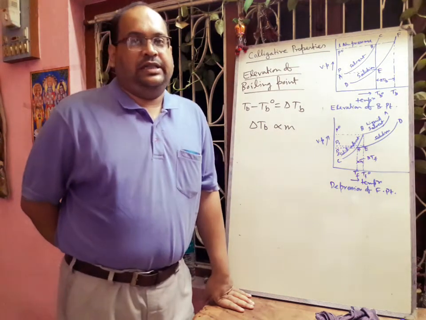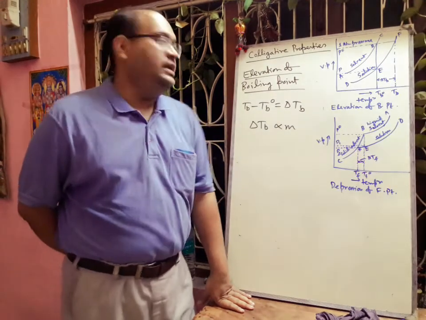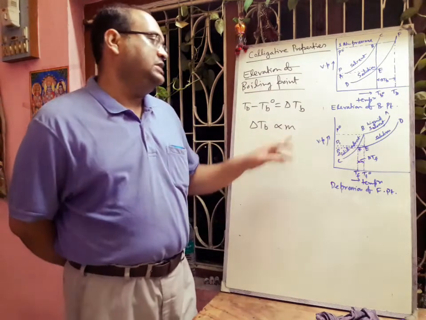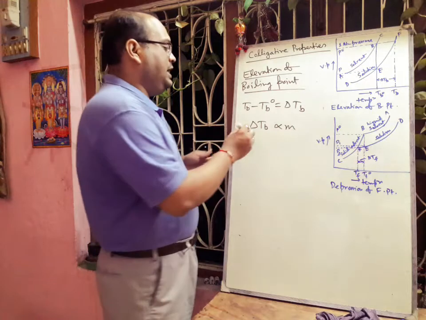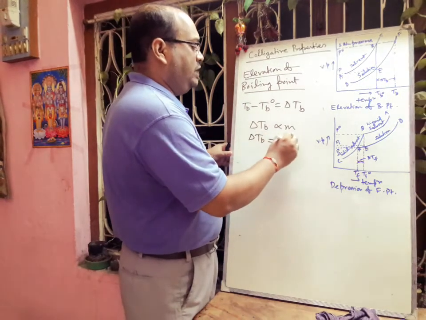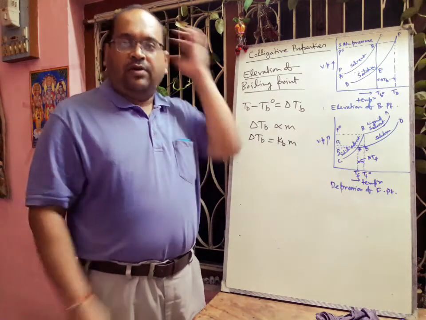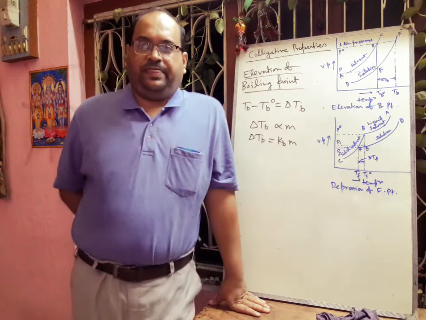The experiment revealed that the elevation of boiling point delta TB is directly proportional to the molar concentration. M is the molar concentration of the solution. So from here we can write that delta TB is equal to some constant into M. That Kb is called the ebullioscopic constant.